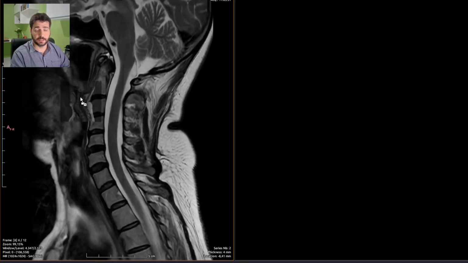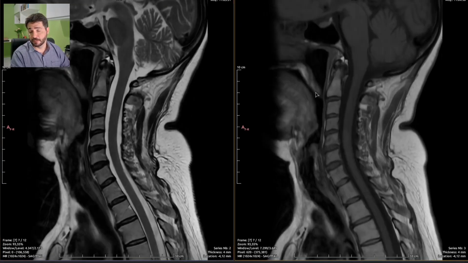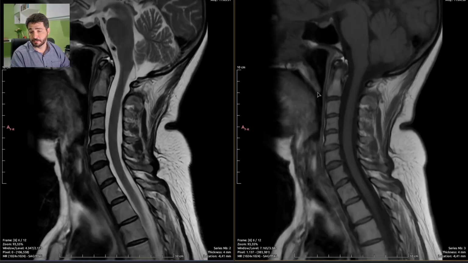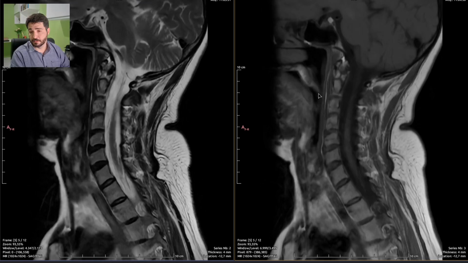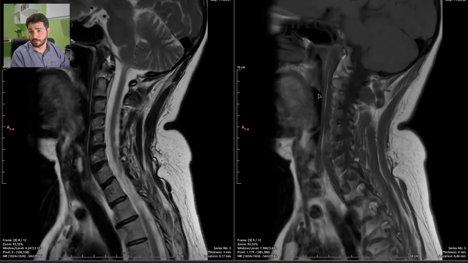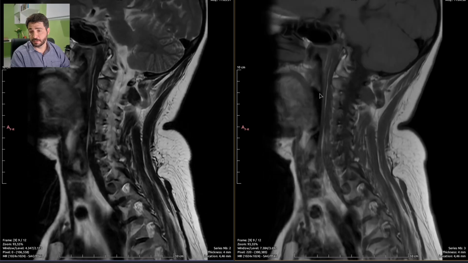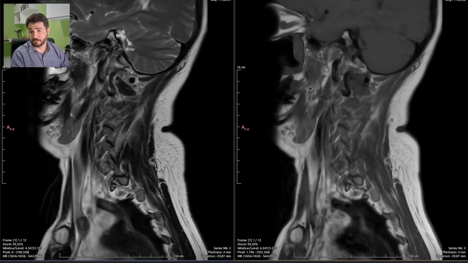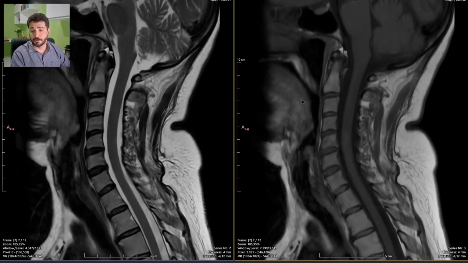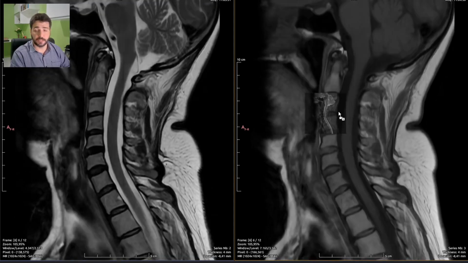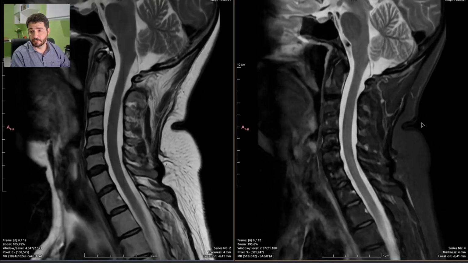It's almost like it's post-processed because it's so smooth it makes no sense. It would be a very, very new, very well maintained scanner.